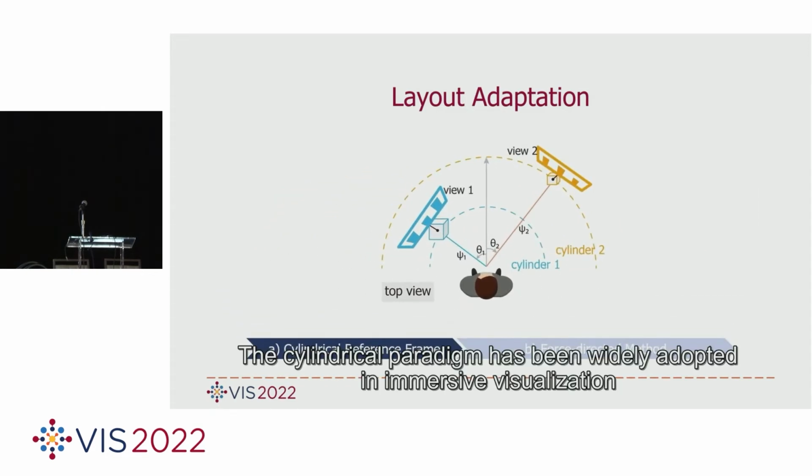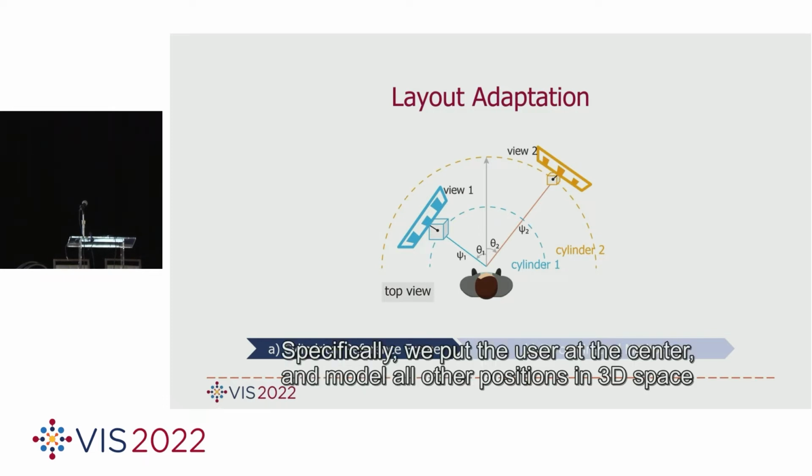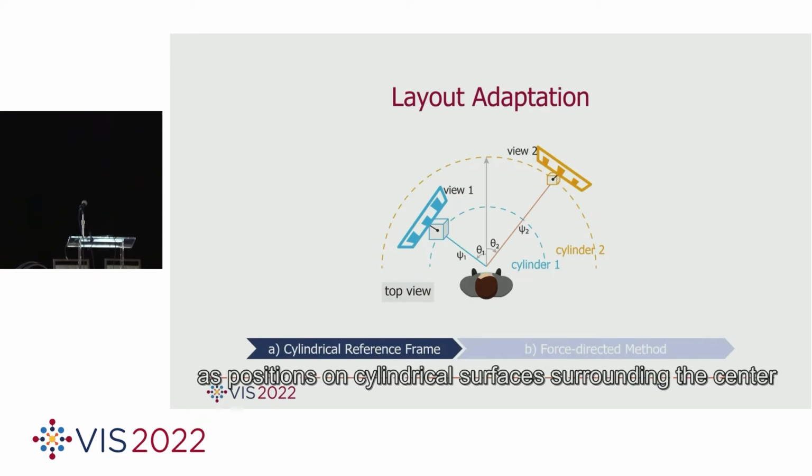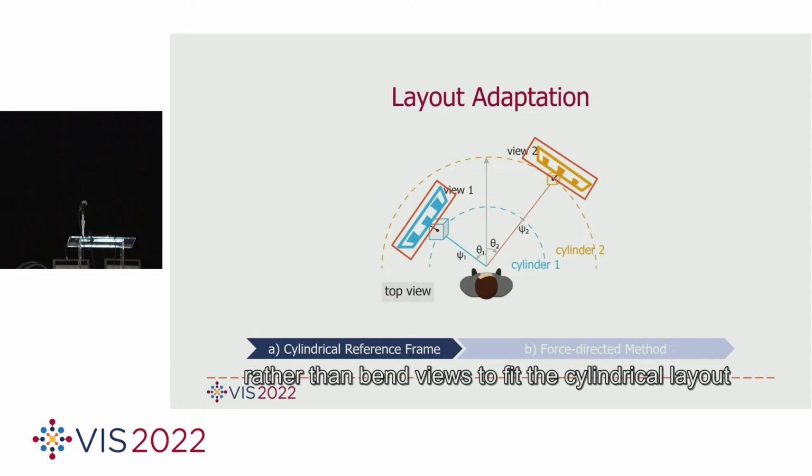The cylindrical paradigm has been widely adopted in immersive visualization to represent positions in 3D space. Specifically, we put the user at the center and model all other positions in 3D space as positions on cylindrical surfaces surrounding the center. For simplicity, we keep a 2D plane tangent to the cylindrical surface to render views, rather than bend views to fit the cylindrical layout.